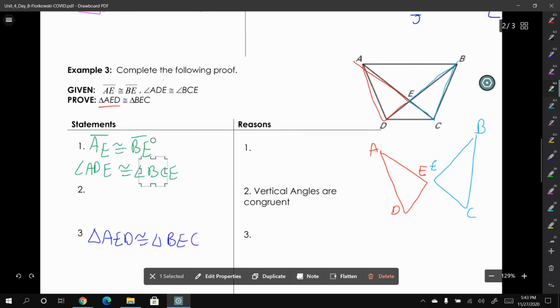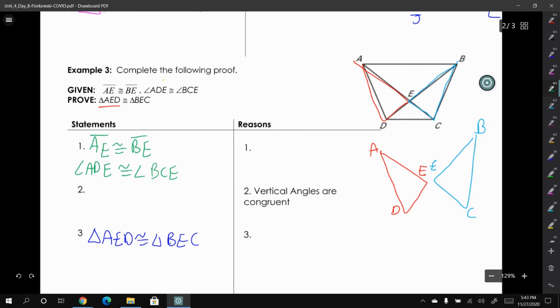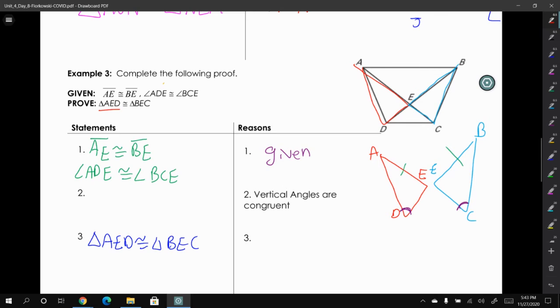So let's mark that up. So AE and BE are congruent. We have angle ADE, this angle, is congruent to angle BCE, this angle here. And that's our given. Now we have statement 2, which is blank, but the reasoning is vertical angles are congruent.